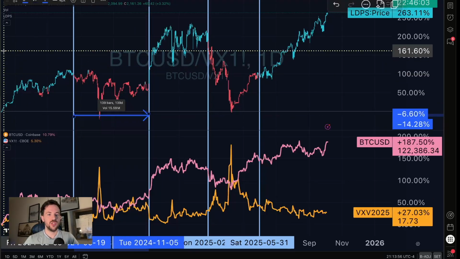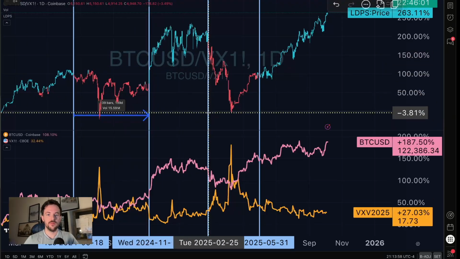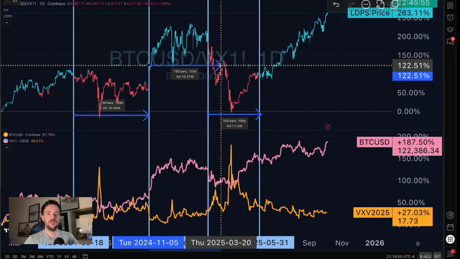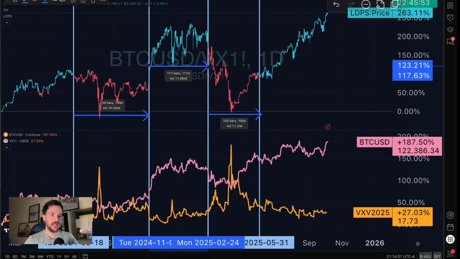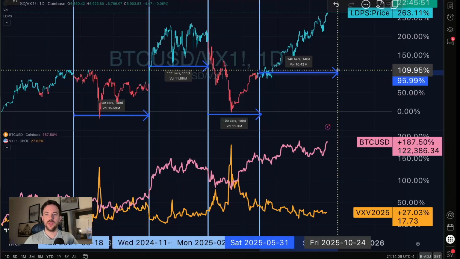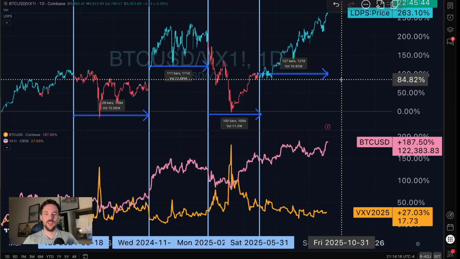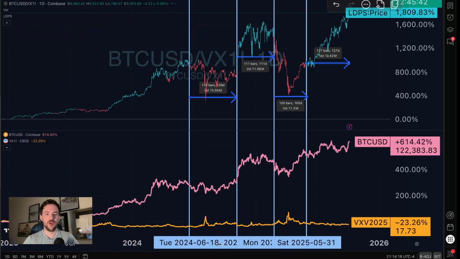It looks like that's 139 days worth of performance, 100 days worth of performance, 111 days worth of performance. Are we overextended here? And we're at 127 days. So at least from this year, it looks like that we are a little overdue for a pop in volatility.